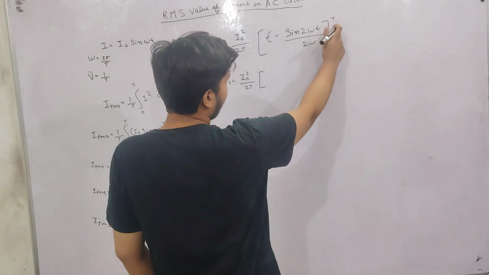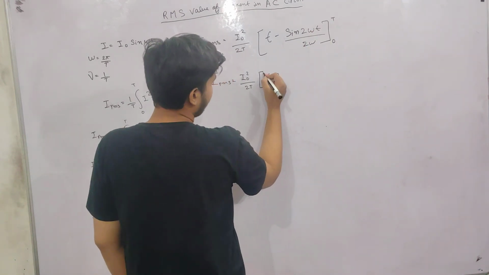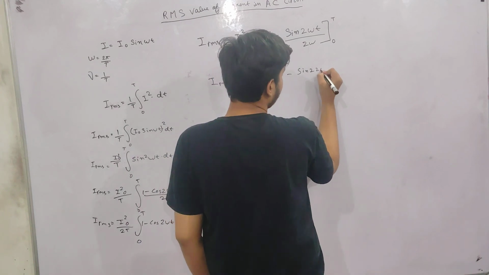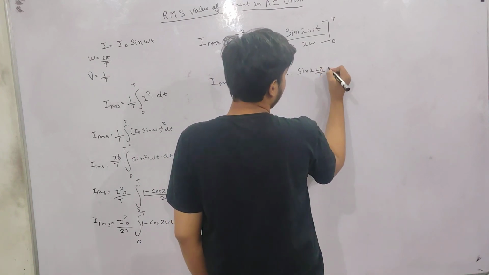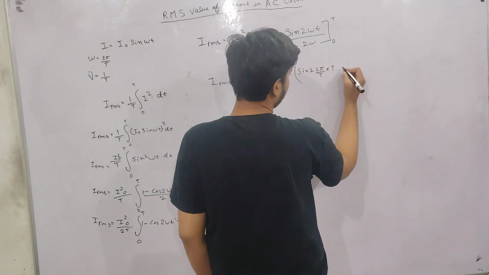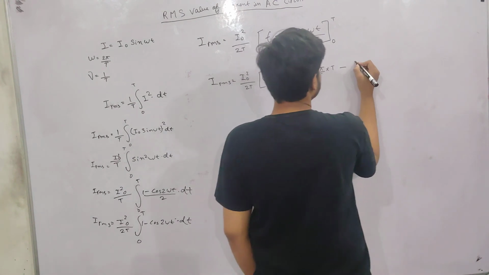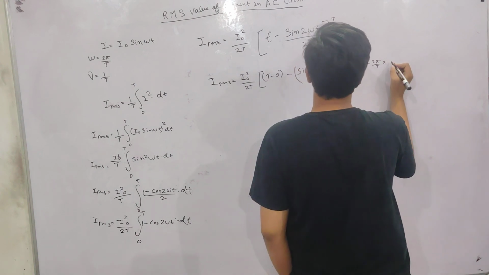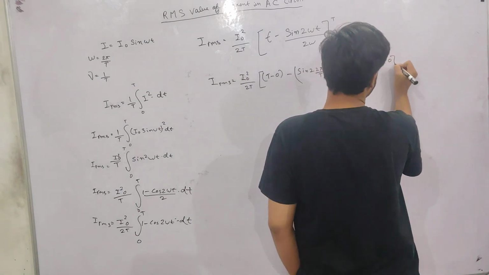If we put upper limit minus lower limit: minus sin 2 omega, with omega 2 pi by T, into upper limit T, minus sin 2 omega into lower limit 0.